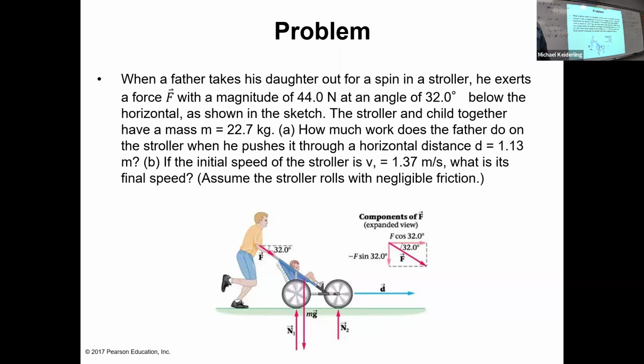And you can do this in a couple ways. The way I did it first was I just found the final kinetic energy on the left side, and then I solved for the final velocity.